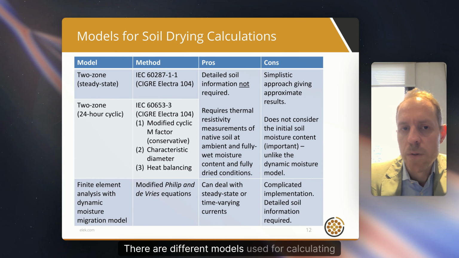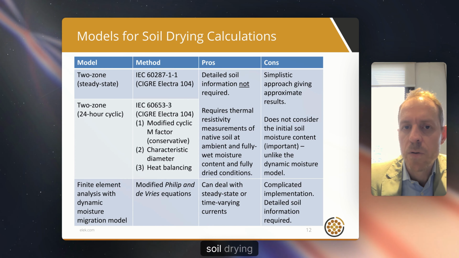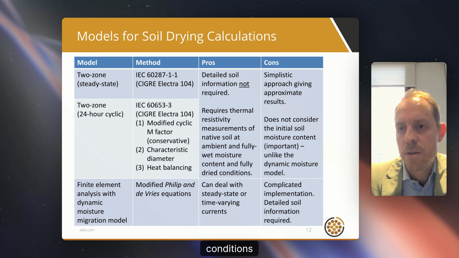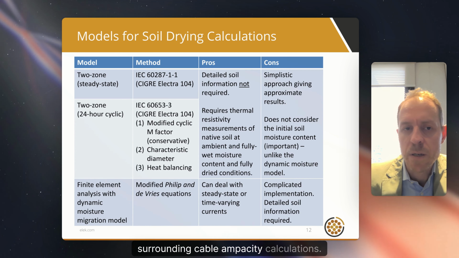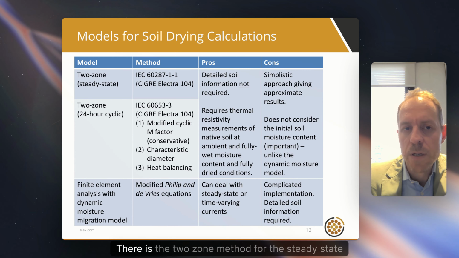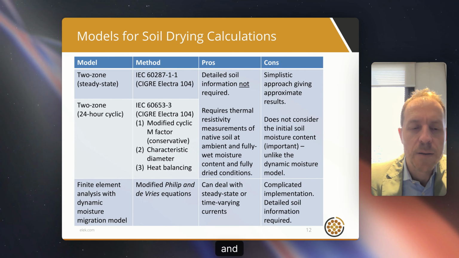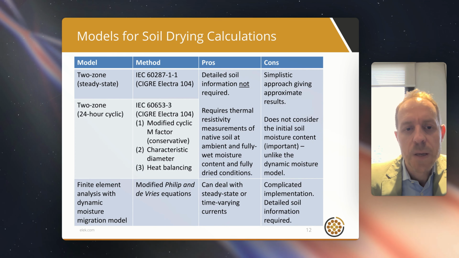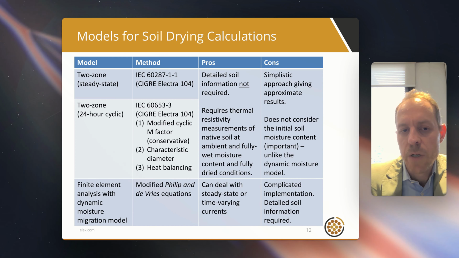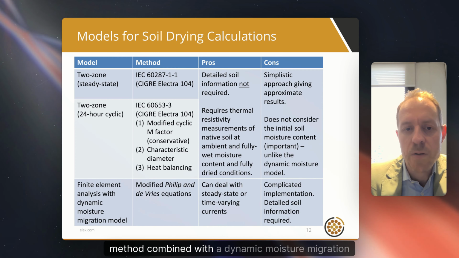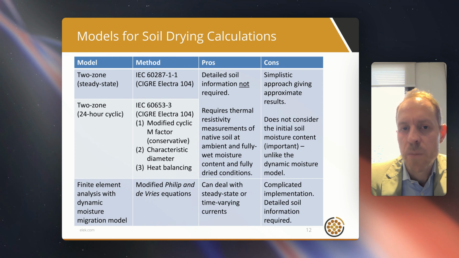There are different models used for calculating soil drying conditions surrounding cable ampacity calculations. There is the two-zone method for the steady state and dynamic ratings, and there is the finite element method combined with a dynamic moisture migration model.